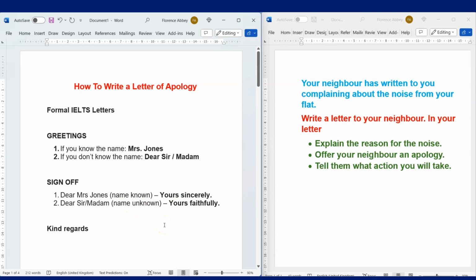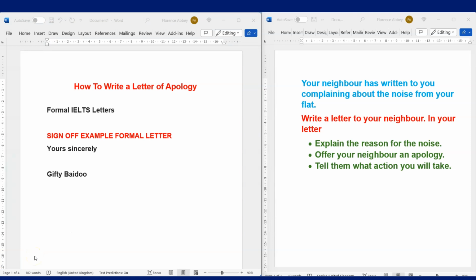It's very important that you sign off a formal letter with a full name. So if you wrote yours sincerely, make sure that you write your full name beneath. Let's see how to write it.